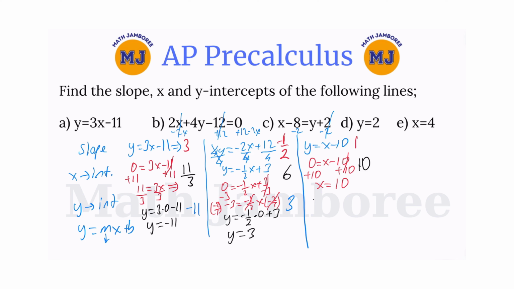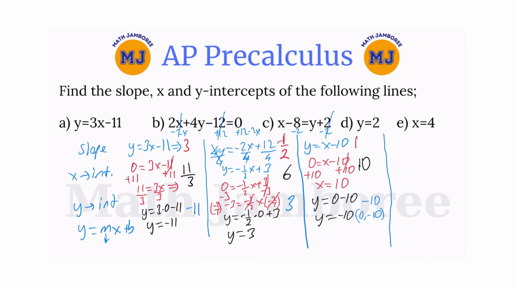So y will be equal to 0 minus 10, which is negative 10. So our y-intercept is negative 10. As a coordinate, of course, this is the point (0, negative 10), but the value where the line intersects the y-axis is negative 10. That's why I just put it that way.